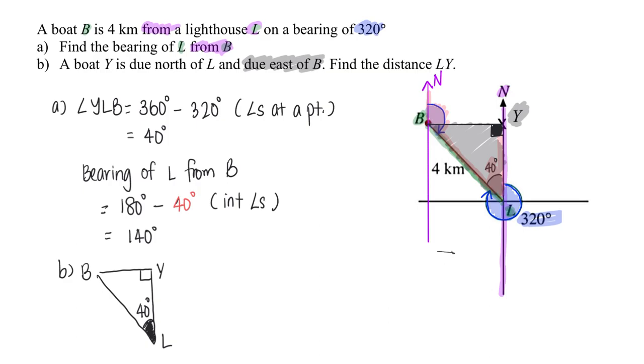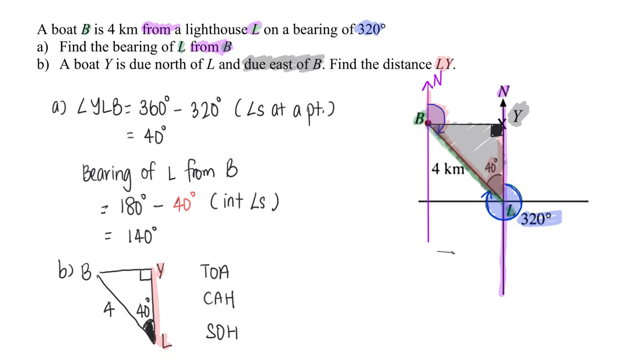So this means that if I want to find the distance LY, knowing that this is 4 kilometers here, I could tap on my knowledge of SOH CAH TOA.